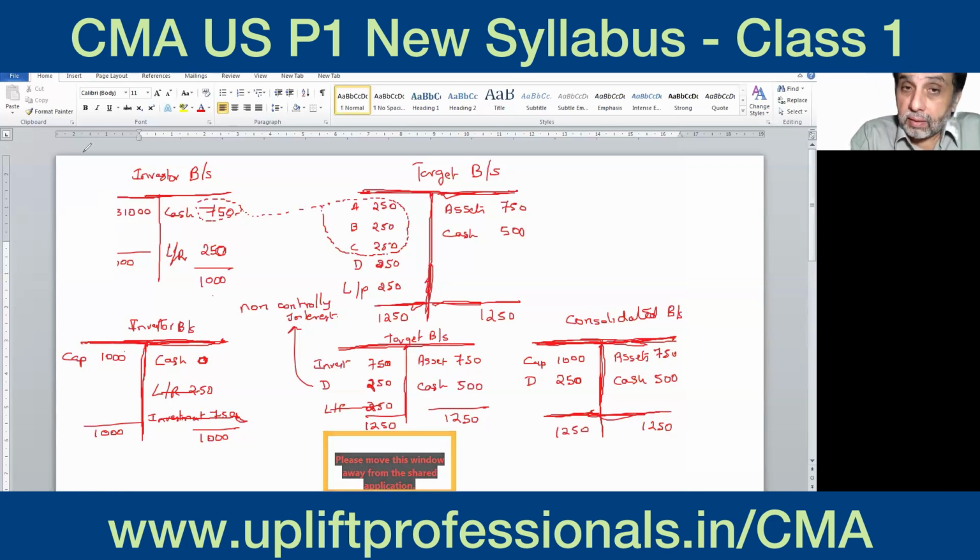The investor has invested 75%, but he doesn't have control over the assets because it is under bankruptcy. Let us assume that way. So the court controls it. The bankruptcy court will be controlling all the assets. It should not be consolidated.